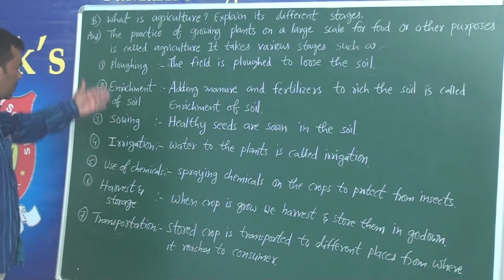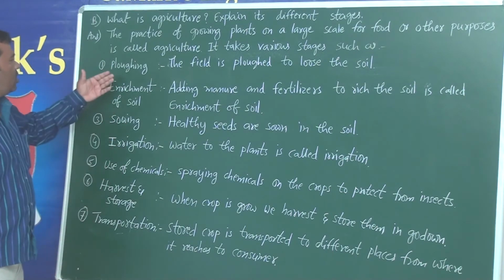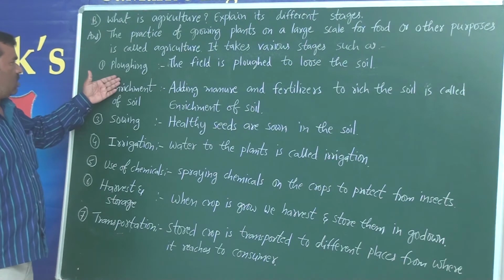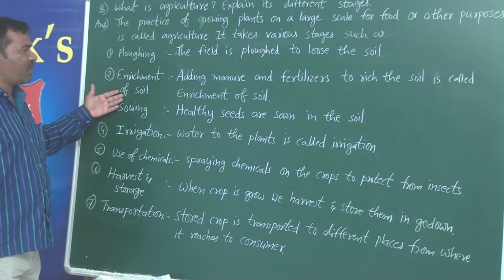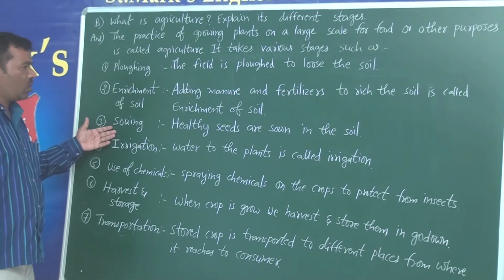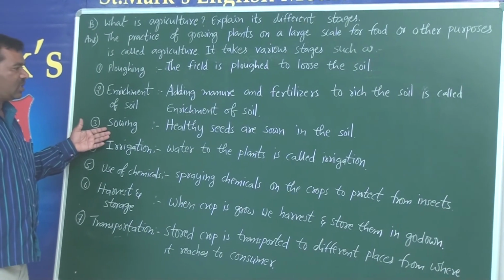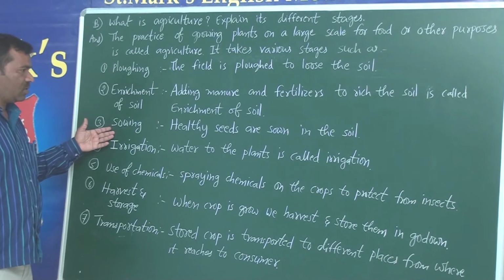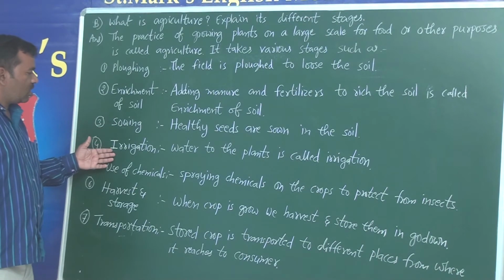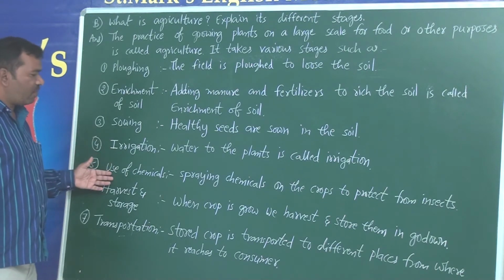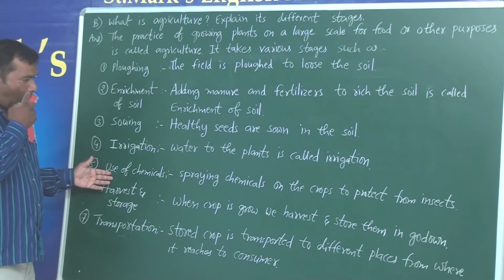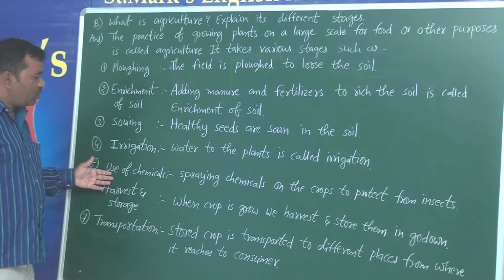So these are the 7 stages of agriculture. In the first, we plough the field. Second, we enrich the soil, adding manure and fertilizers. In the third, we sow the healthy seeds. Next, irrigation: we provide water to the plants, and once the plants grow, we use chemicals.